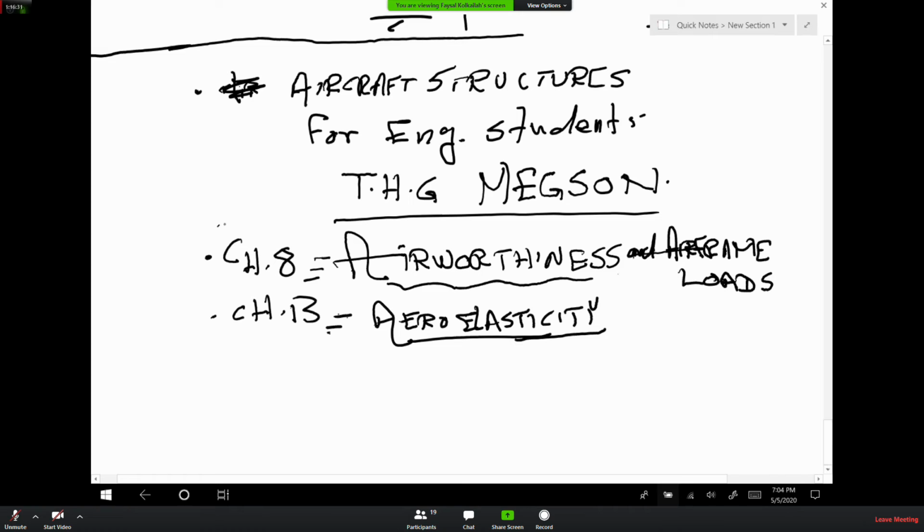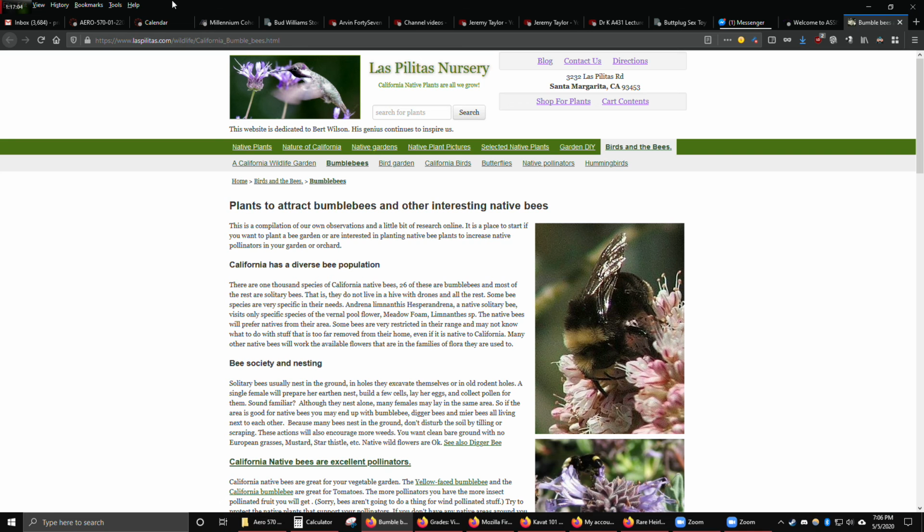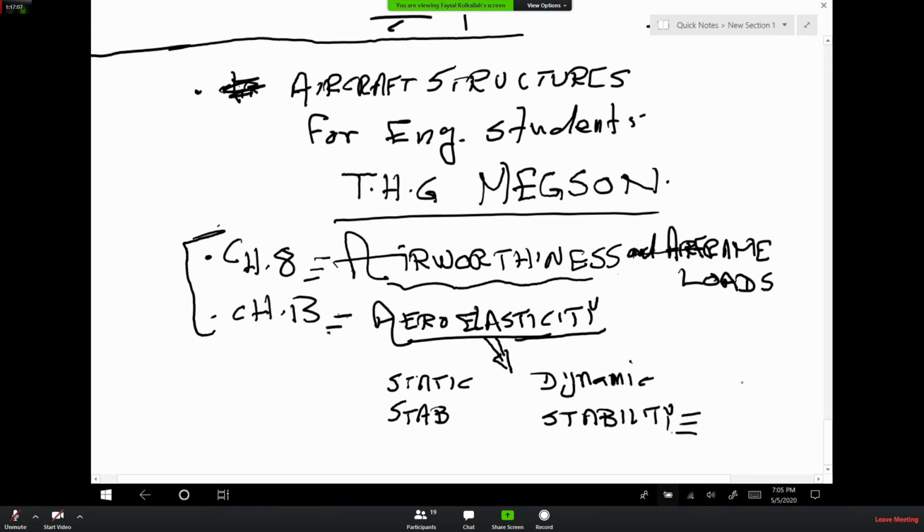So these are the two chapters from the book I'm going to refer to, because from aeroelasticity we're going to have static stability again, and we're going to have dynamic stability, and that's the vibration.